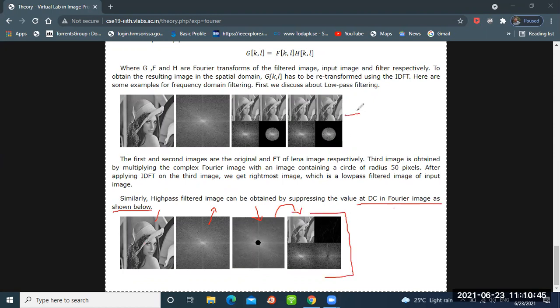Now, this is obtained with the low pass filter, and this is obtained when we perform with the high pass filter.